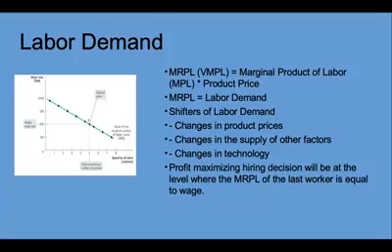MRP means marginal revenue product of labor, MRPL, or in old textbooks, also in perfect competition models, they mostly use VMPL, which is called value of marginal product of labor.